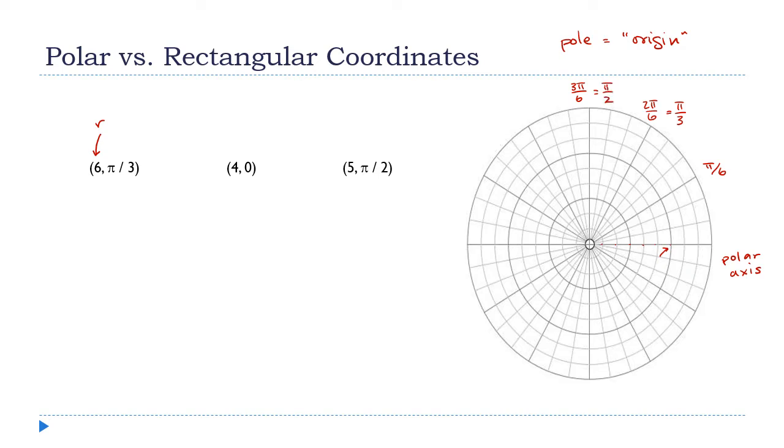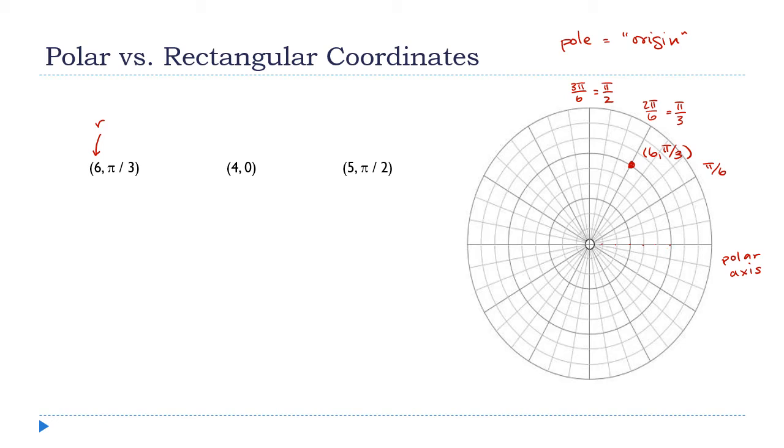So we can get our standard radian measure angles pretty quickly. I'm going to start at this point here and go around to pi over 3, and that's where this point is. This is the point 6 comma pi over 3.